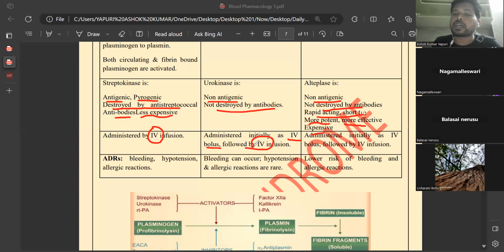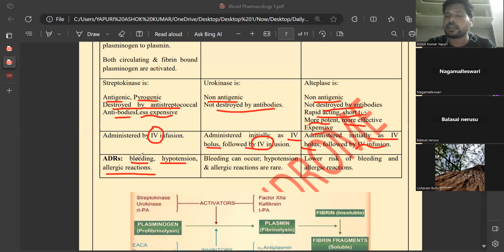Infusion means continuous administration. And alteplase is also similar to urokinase. So initially as an IV bolus and followed by continuous intravenous infusion. And regarding adverse reactions, streptokinase shows bleeding, hypotension, as well as allergic reactions.